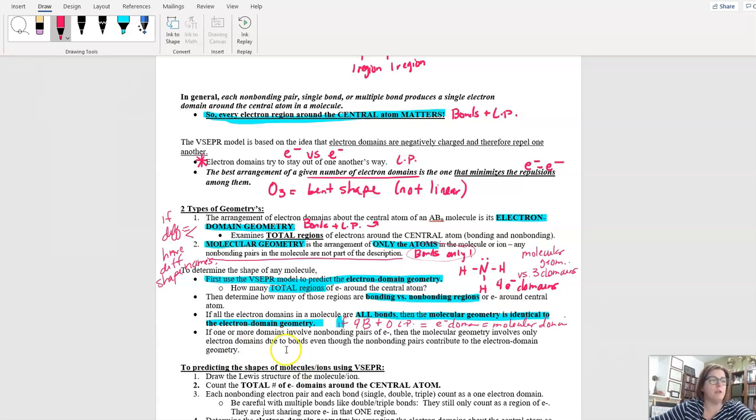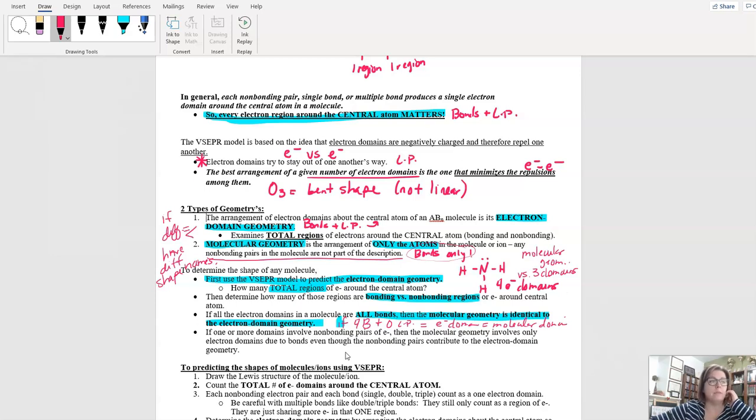If one or more domains involve non-bonding electrons, then the molecular geometry involves only the electron domains due to bonds, even though the non-bonding pairs contribute to the electron domain geometry. Sometimes you're going to see more bonds than lone pairs, or more lone pairs than bonds on the central atom.